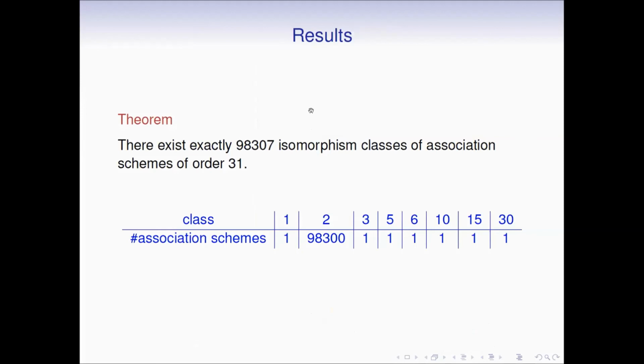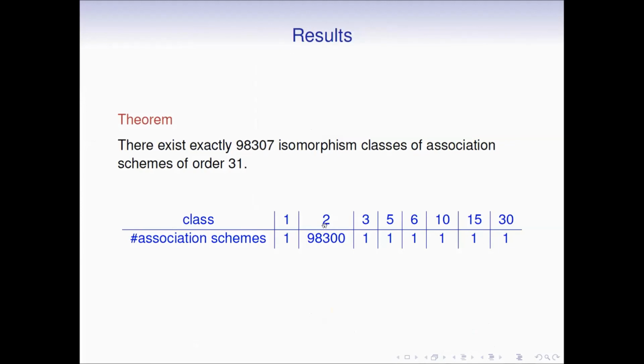So we can use this correspondence and our results on order 32, and we can find this theorem. The theorem says that there exist exactly so many isomorphism classes of association schemes of order 31.